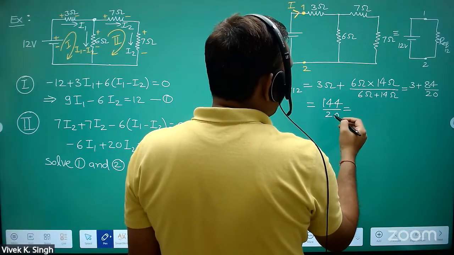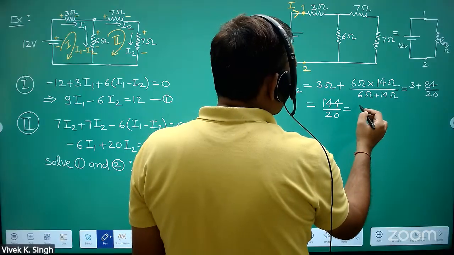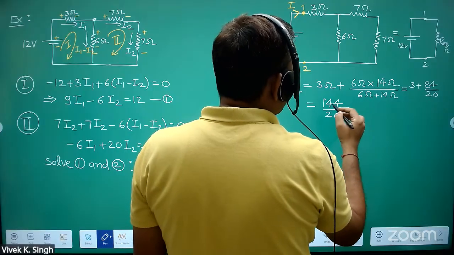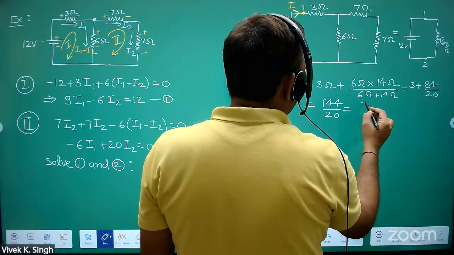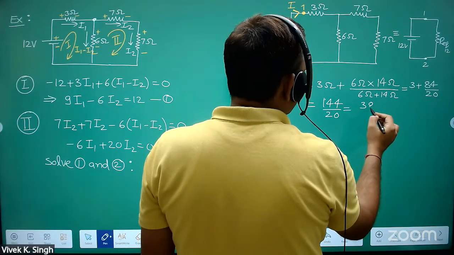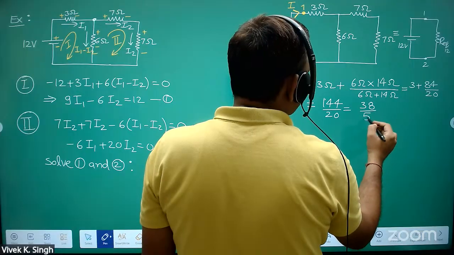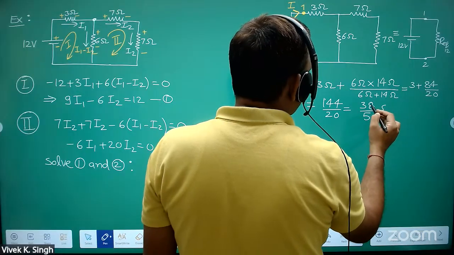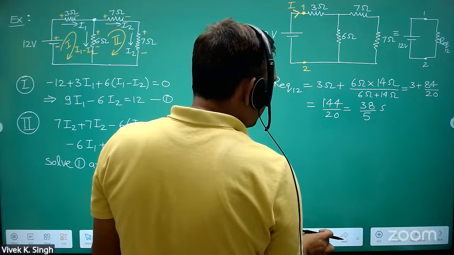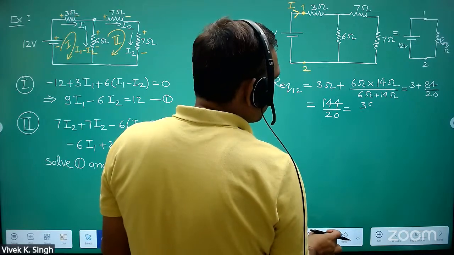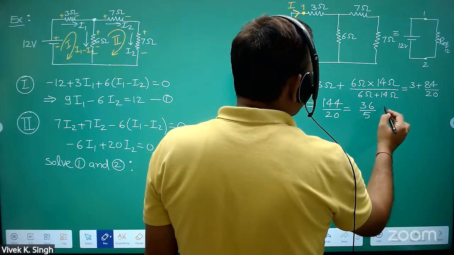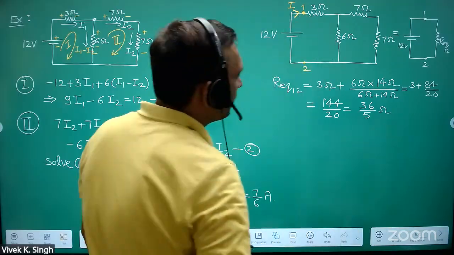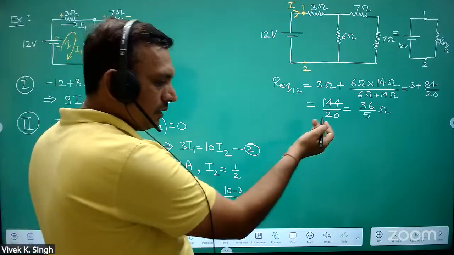You should divide. 7.2. Okay, so this is 7.2. It is 36 by 5 ohms, which is 7.2. Okay, let's write in this form.